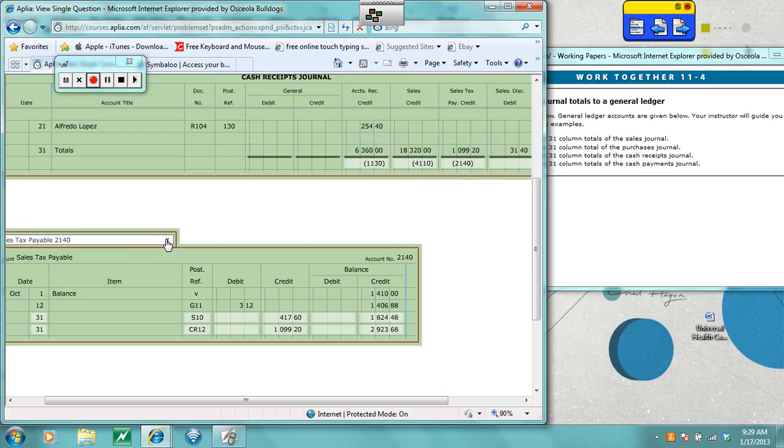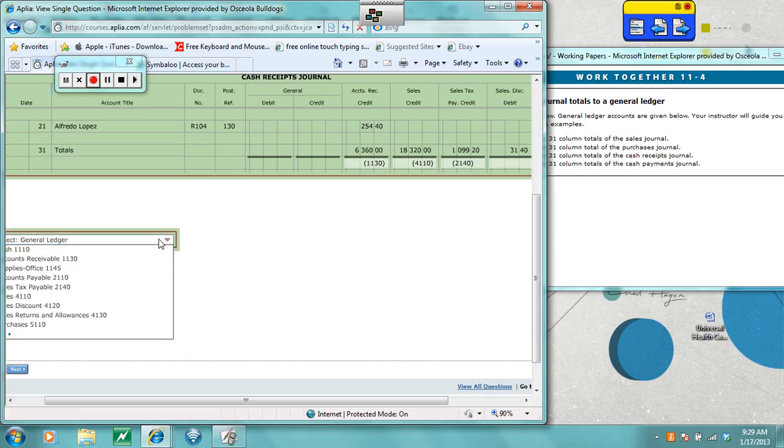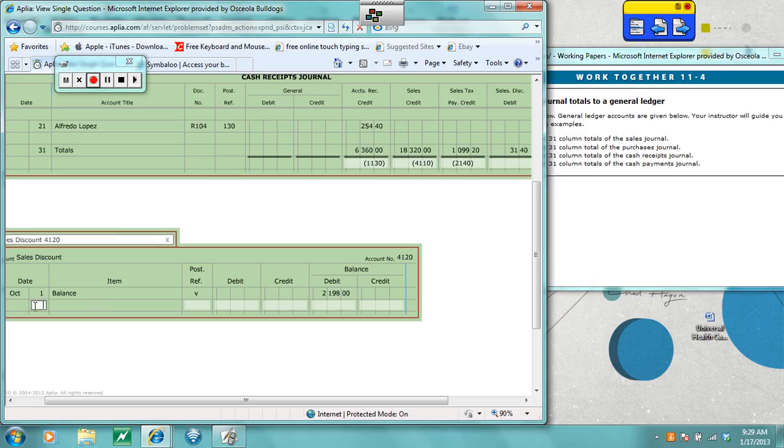Let me do the next one. Sales discount debit. Debit amount, $31.40.